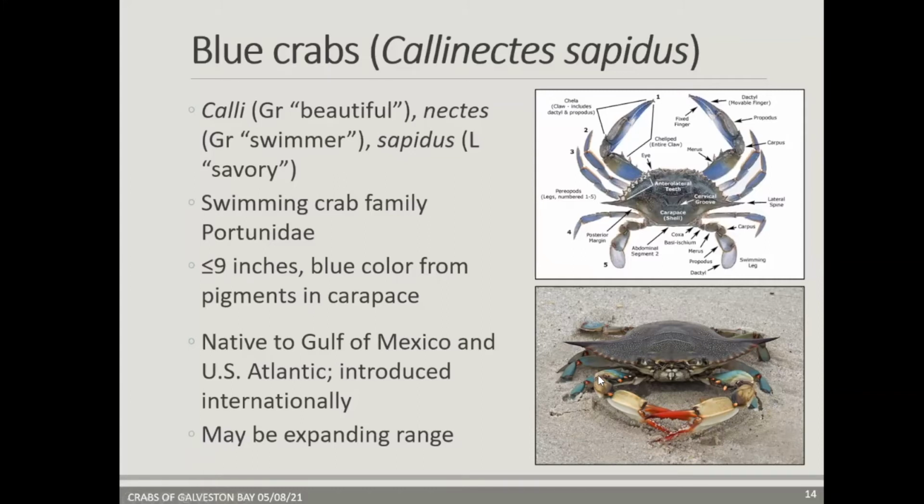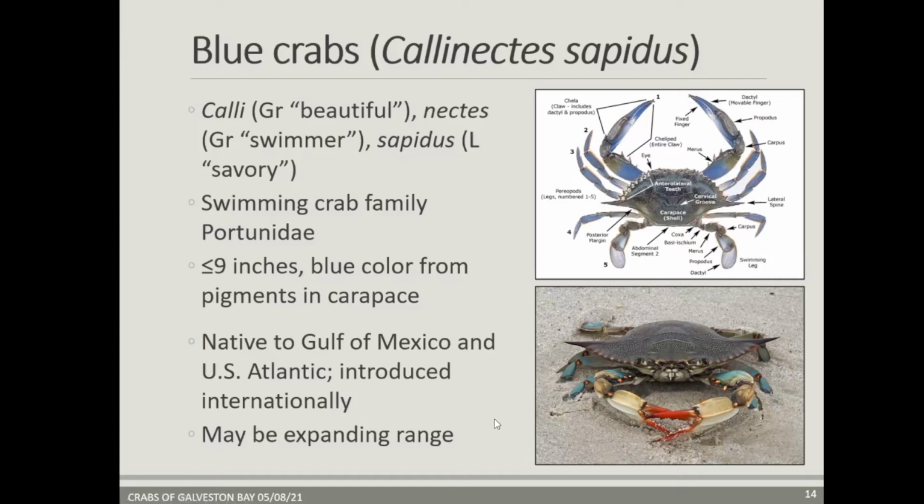The blue color comes from pigments in their carapace, and the older they are, the bluer they are, and if they've got good nutrition. When they're juvenile crabs, they're brown. When I take my classes out to do some studies in Galveston, we're collecting all these juvenile blue crabs, and they're brown. Sometimes my students don't want to believe that they're actually blue crabs, but they are.